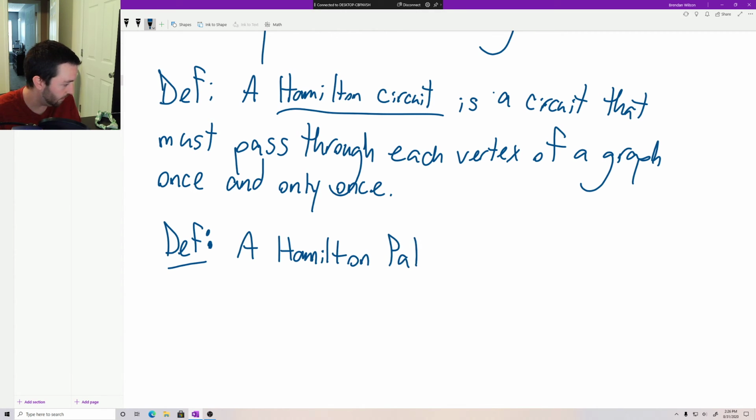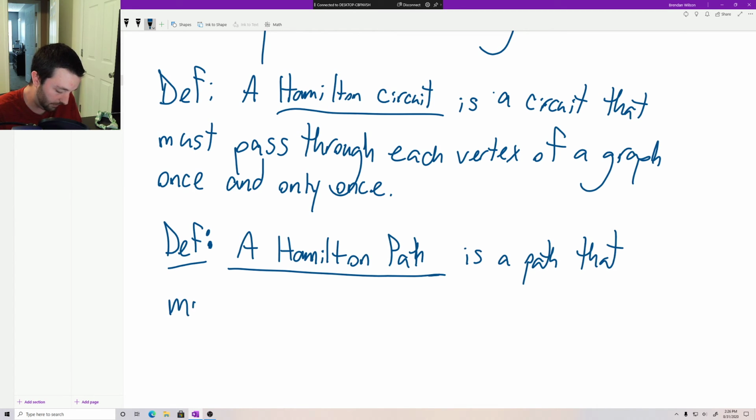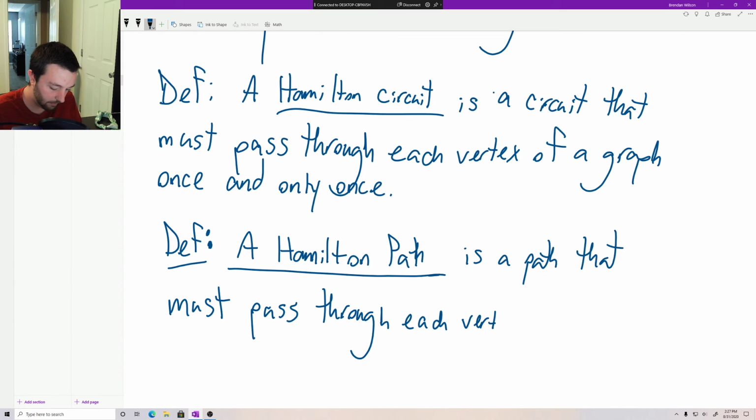But a Hamilton path is a path that must pass through each vertex of a graph once and only once. Okay.